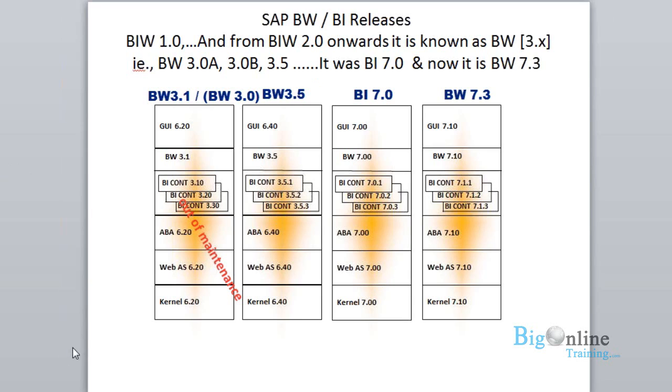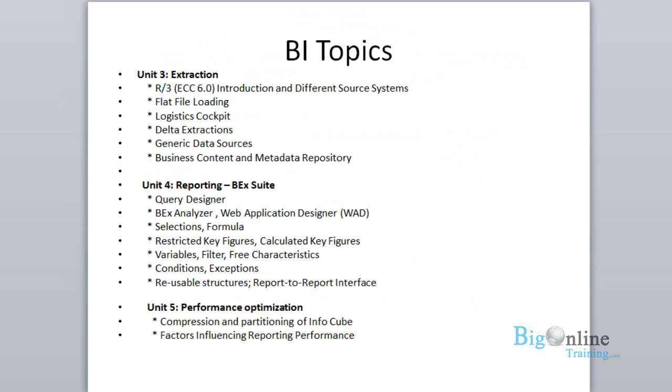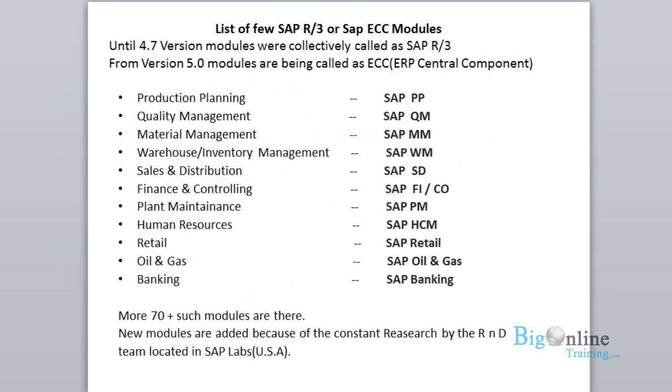As you are aware of certain SAP modules, we have many SAP modules. SAP is nothing but ERP, enterprise resource planning. It's a computerized package wherein you can computerize all the activities of all the departments of your company.